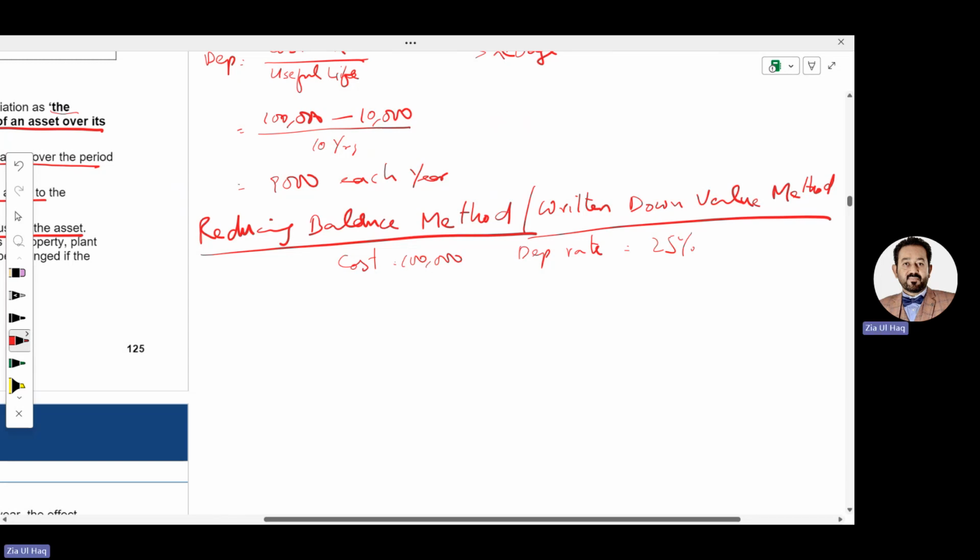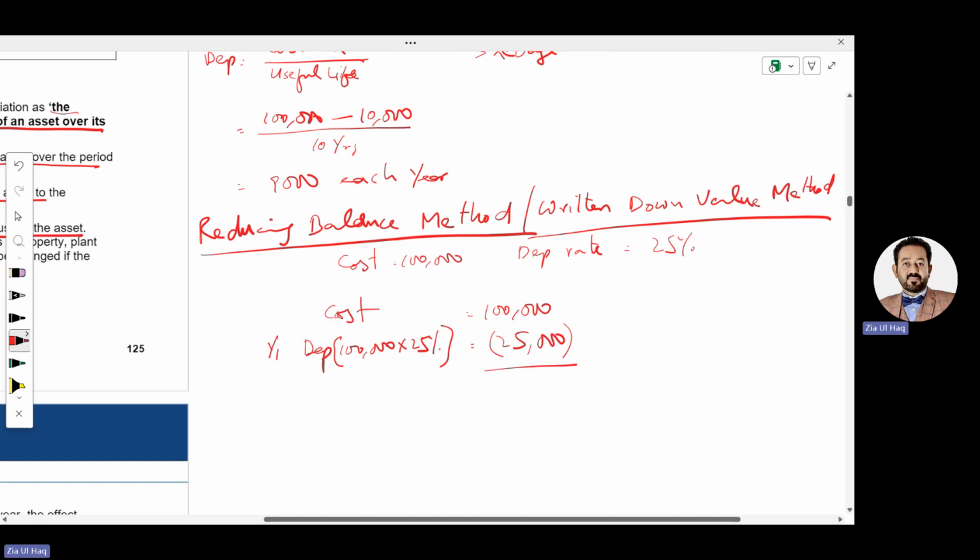How do we calculate depreciation? So cost is 100,000. For year one, we will record depreciation at the 25% rate. So 100,000 times 25%, so 25,000 will be depreciation for the first year.